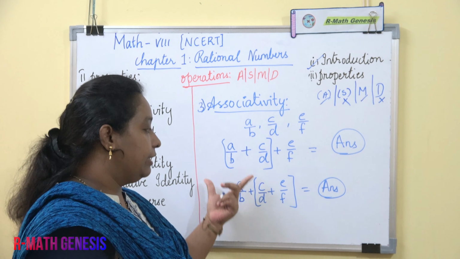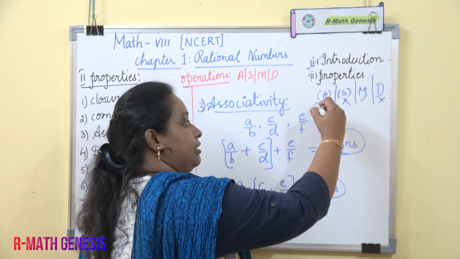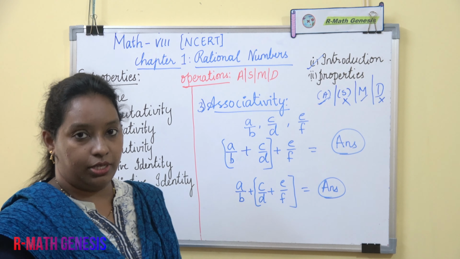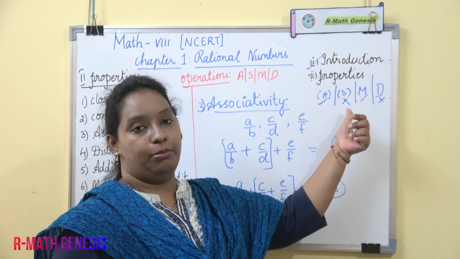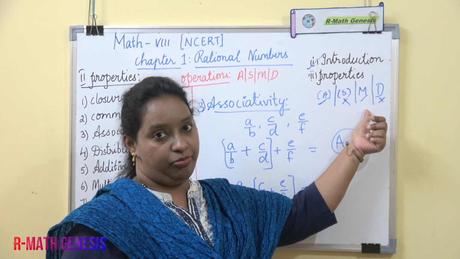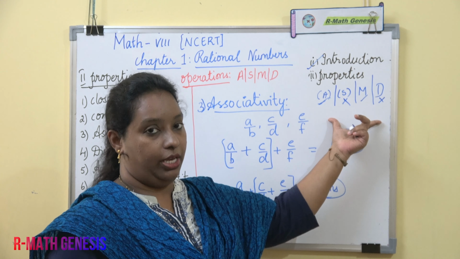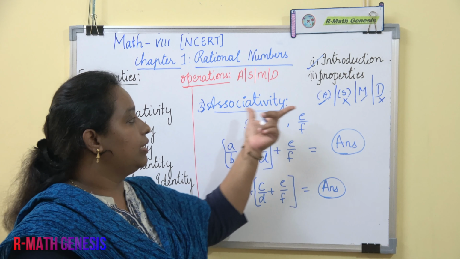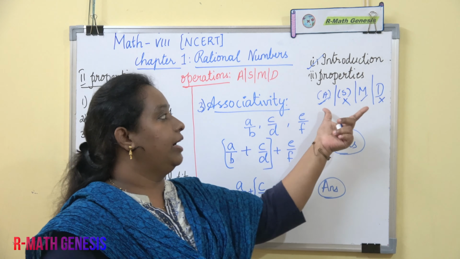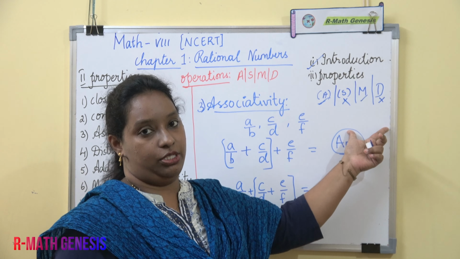In terms of addition, it is the same. It is not the same for subtraction. It is the same for multiplication, but not for division. So associativity works under addition and multiplication, but not under subtraction and division.